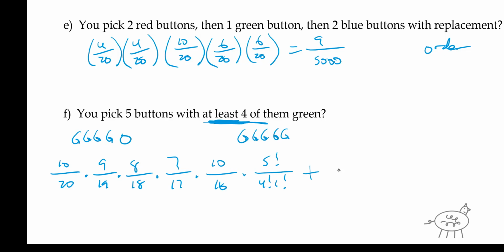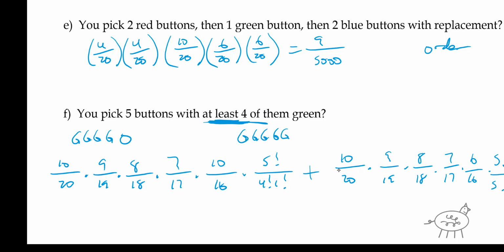Plus, it's almost the same thing. So 10 over 20 times 9 over 19 times 8 over 18 times 7 over 17 times 6 over 16, and then times 5 factorial over 5 factorial.